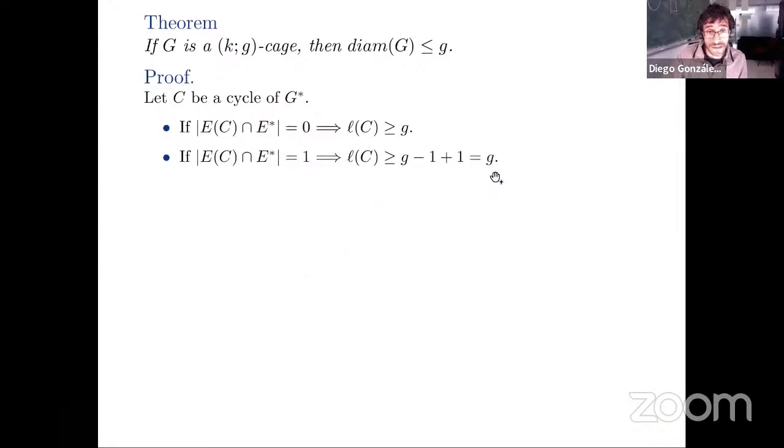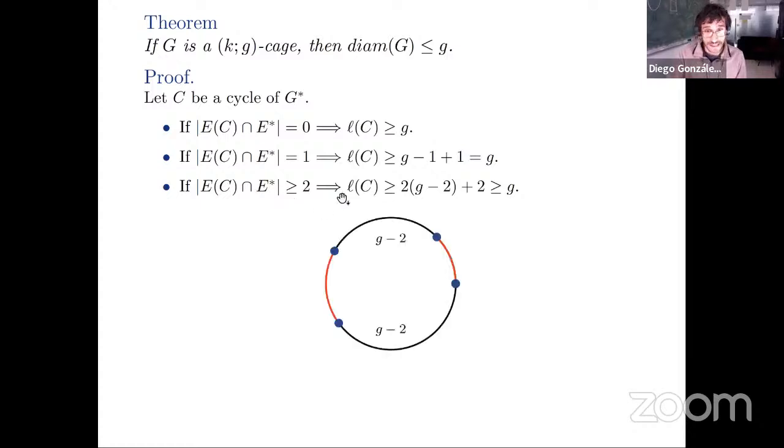And the cycle C may have at least two red edges. Here we have the following situation, and observe that these two vertices can satisfy two things. The first one is that both are neighbors of U or both are neighbors of B. In that case, they are at distance g minus 2.